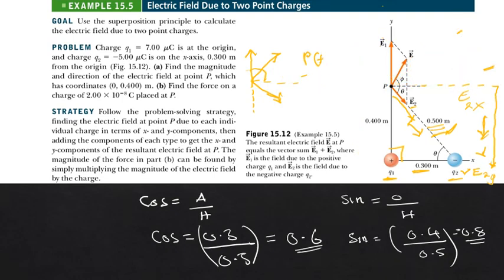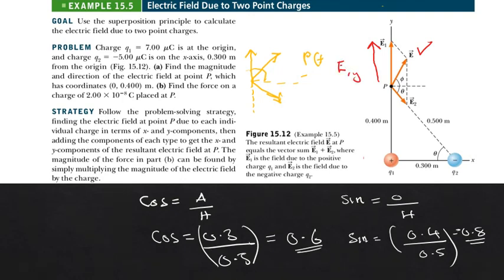Okay, let me just try to clear this. The vector component that we're looking for is this one. So for you to find this one, in summary, you will need first of all to calculate the electric field due to Q1 on P. Since P is positive, you have a vector component in this direction. That is why you only have E1Y for Q1.